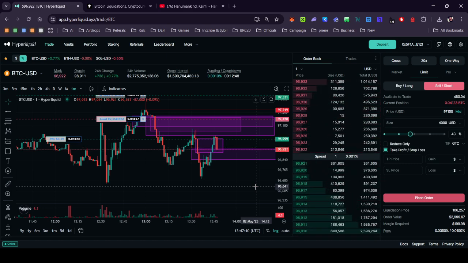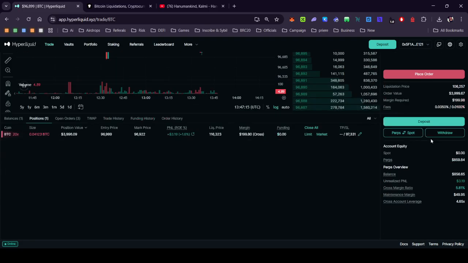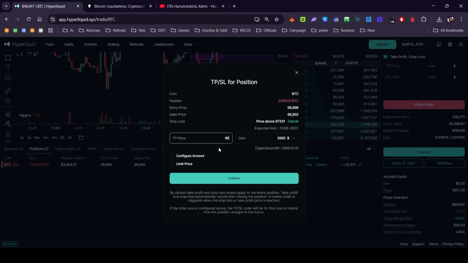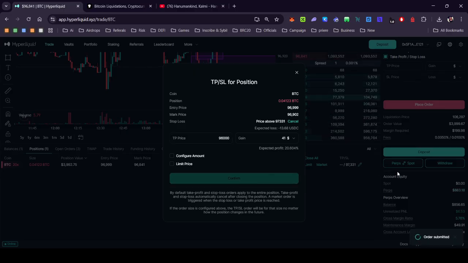Sometimes it's best to open the trade as fast as you can to the size that you require, so that you can take full profit at any time needed. My current expected loss is $13. The expected profit is $41.